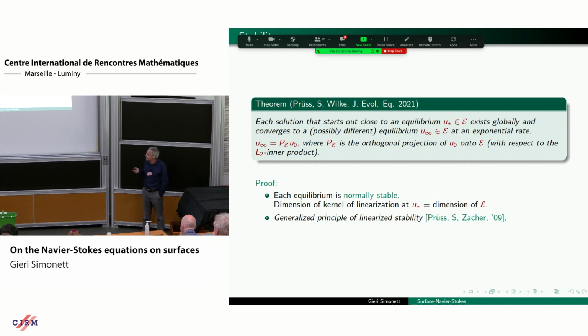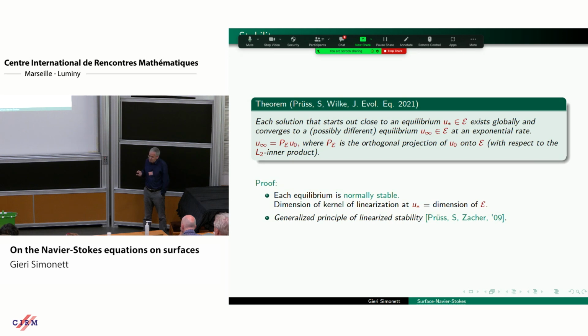It will support eigenfunctions, and you can show that the kernel will have exactly the dimension of the Killing fields. So there is a correspondence between the dimension of the kernel and the dimension of the Killing fields. You have to do a little bit more, but we know very well how to apply it, and then you show global existence and convergence.